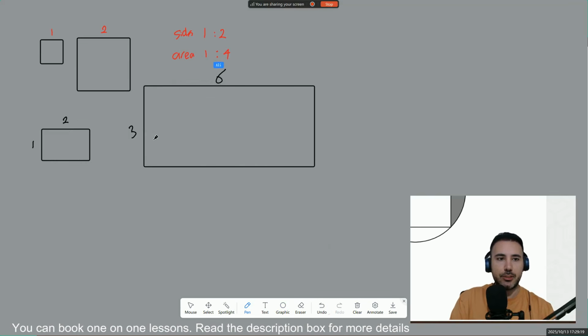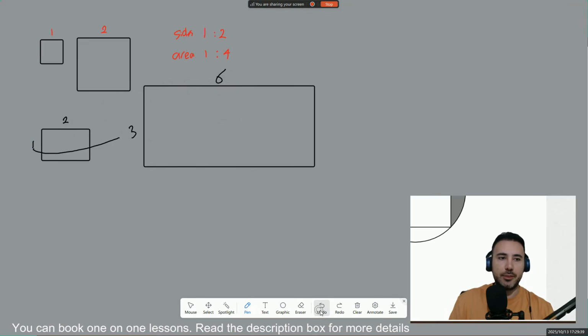Okay, pay attention that if I write 6 over 3 and we simplify it, it's still going to be 2 and 1. So the ratios are the same. And each side has become multiplied by 3, isn't it?